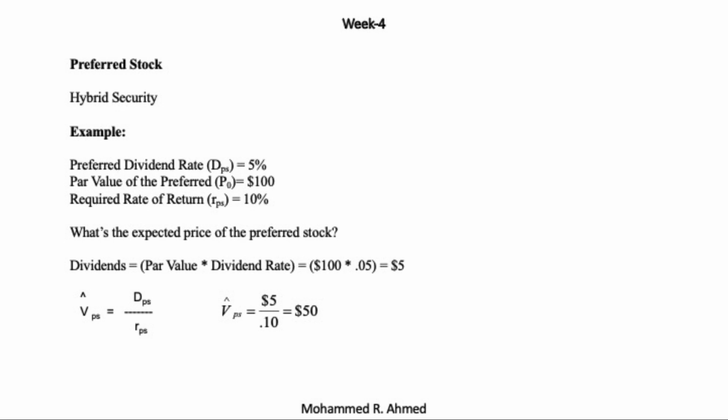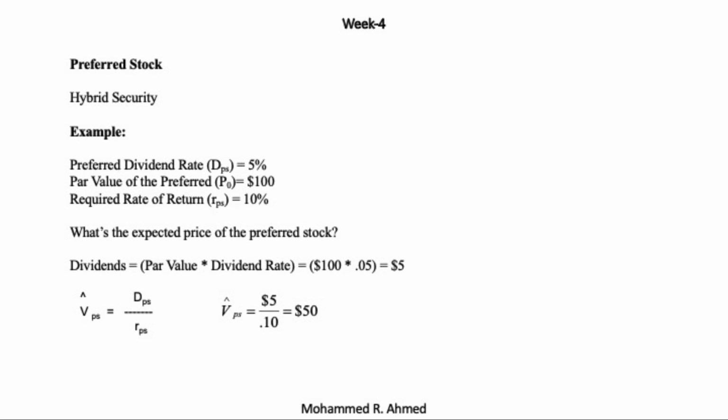Preferred stock is referred to as a hybrid security because it has features of both debt and common stock. To compute the fair value of the preferred stock, we need the dividend rate and the required rate. Let's assume that this stock is paying 5% dividends, the par value is $100, and the required rate is 10%.